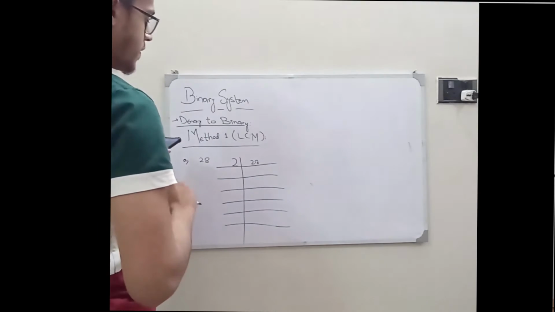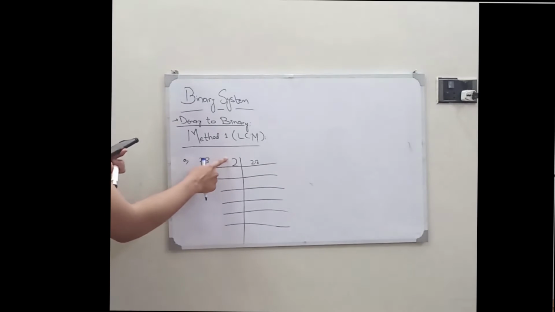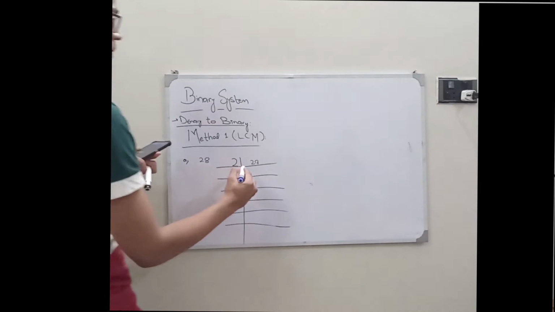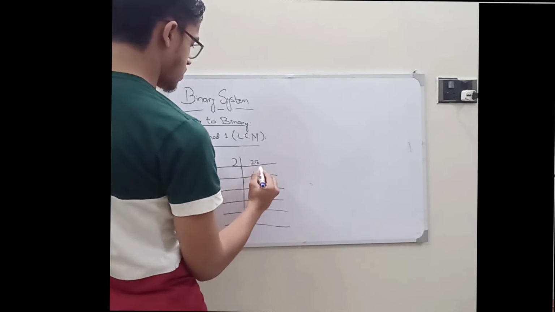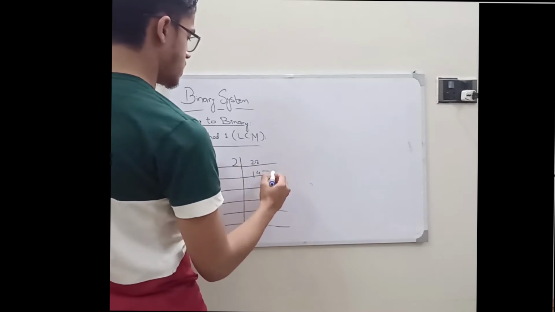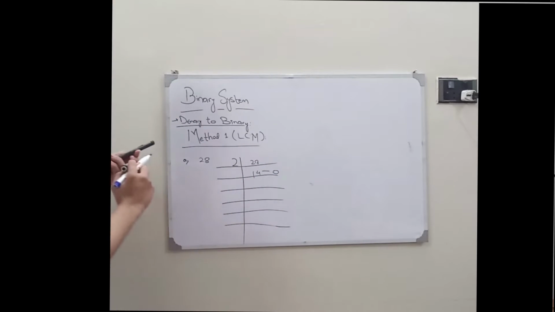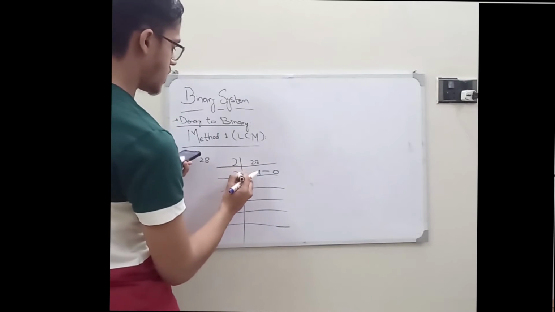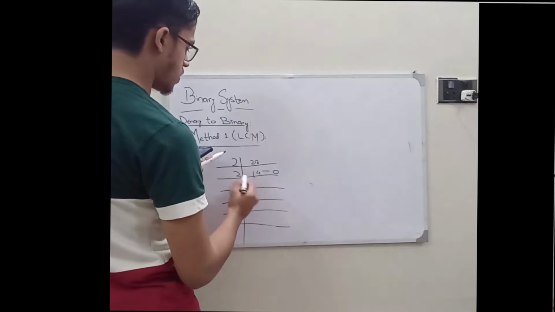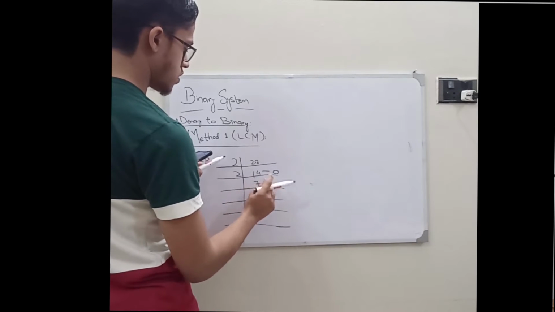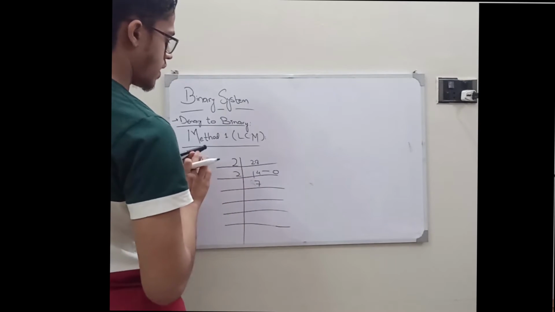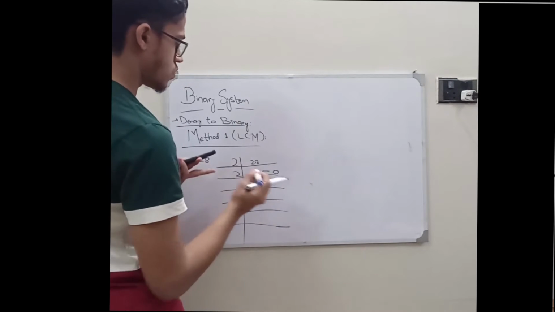So let's start. The first divisible will be, as we put 2 here, 28 divided by 2, it will become 14. And as you know, the LCM is 0. If we divide it again by 2, 14 divided by 2 is 7, and the LCM becomes 0.